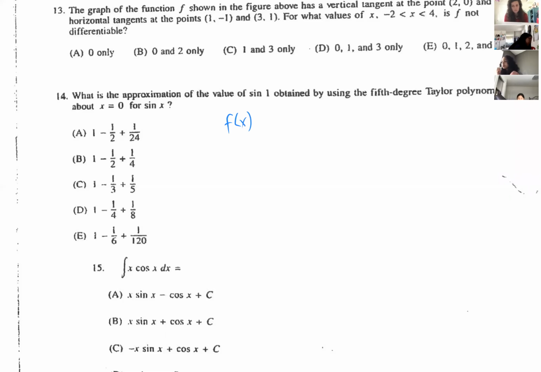All right. Okay, so we know that f of x equals sine x. And then f prime of x, f double prime of x, f triple prime of x, and then the fourth derivative, and then the fifth derivative.